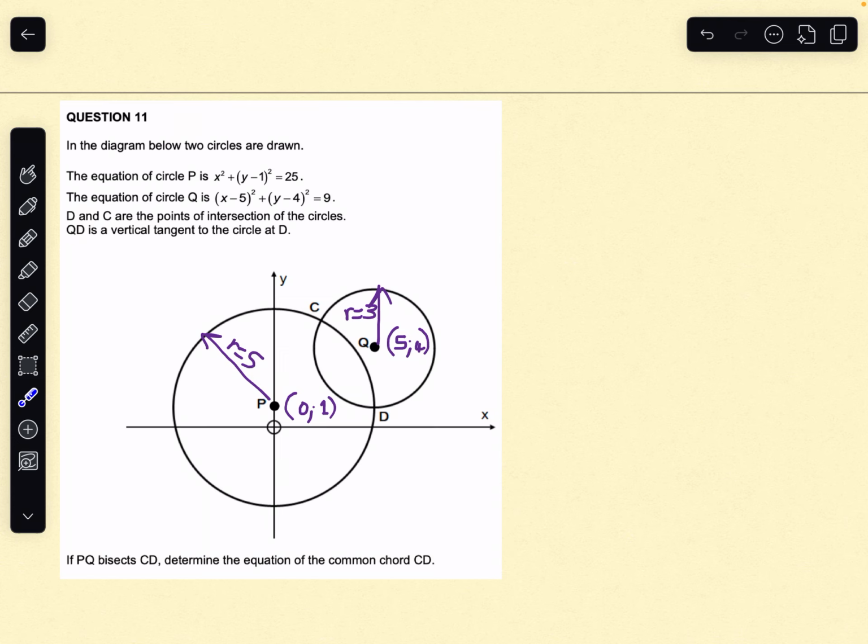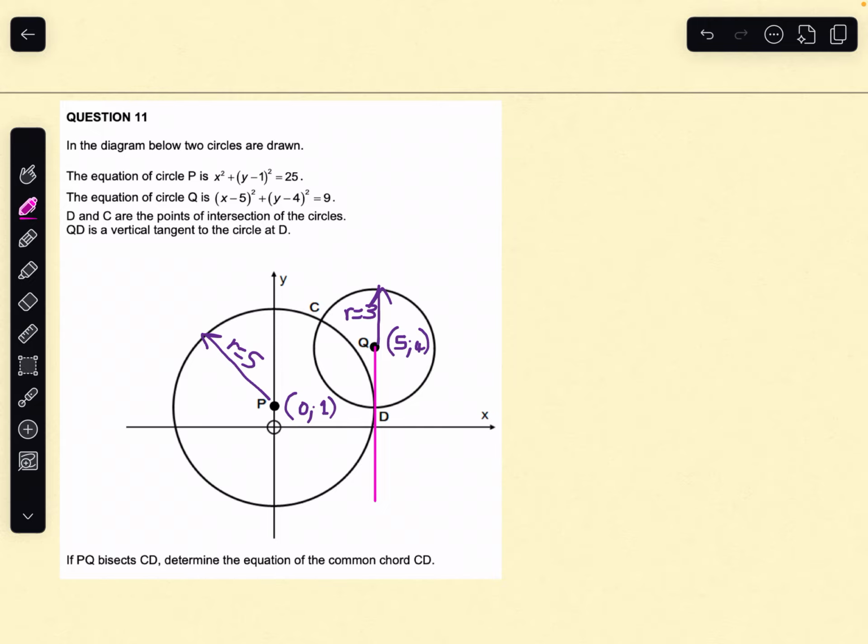QD is a vertical tangent to the circle at D. Okay, so if we were to join Q and D, we're told that we would end up with a vertical tangent.